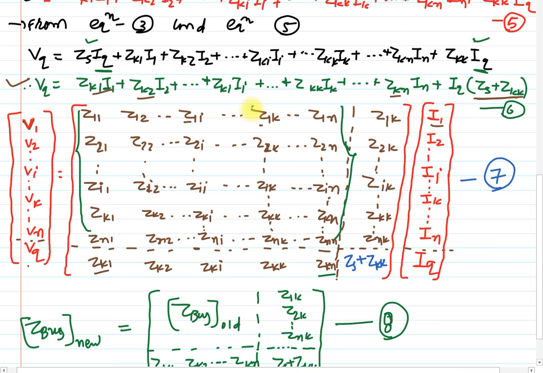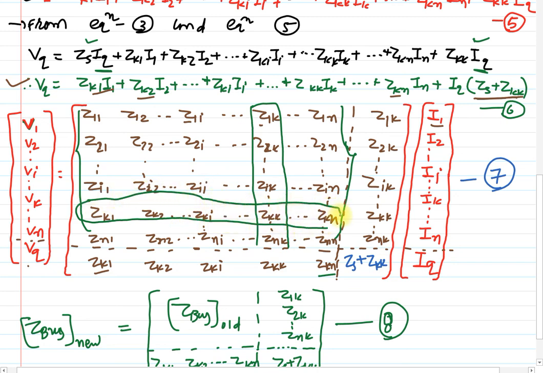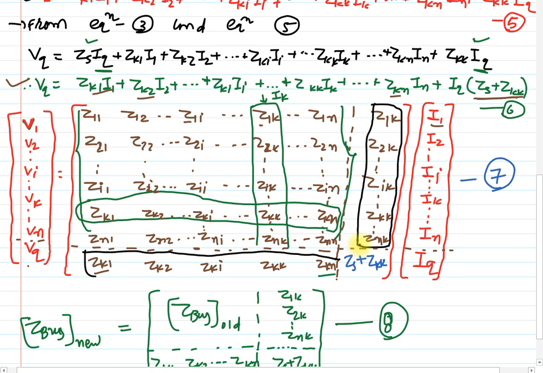So these all elements into the matrix show the effect due to the bus number k, or I can say Ik, and the same different element, this column vector and this row vector, this full one is due to Iq or new bus.